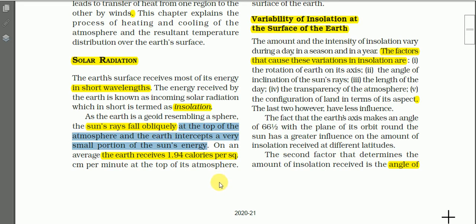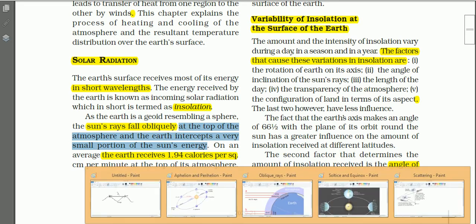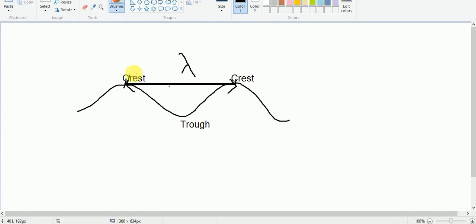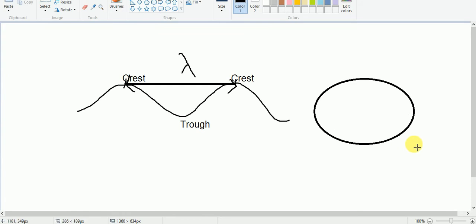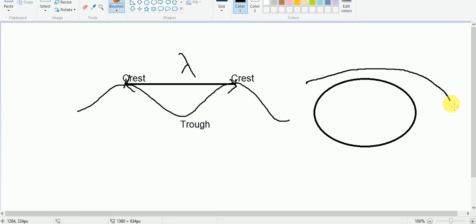We know that the shape of the Earth is geoid. It is flattened at the poles. The shape of the Earth is geoid in this way, flattened at the poles. And here we have the atmosphere. The atmosphere is also covering like this.